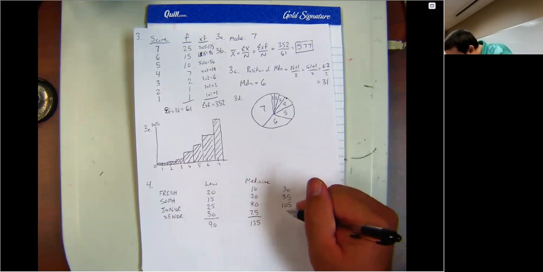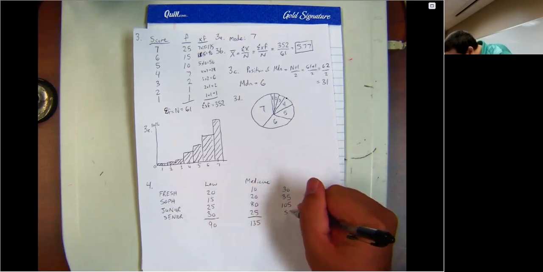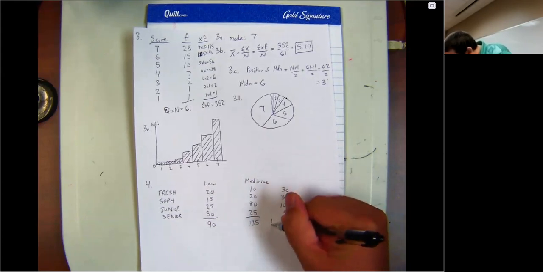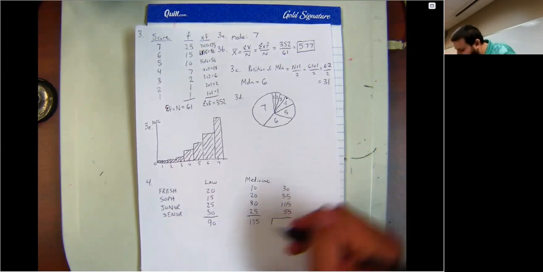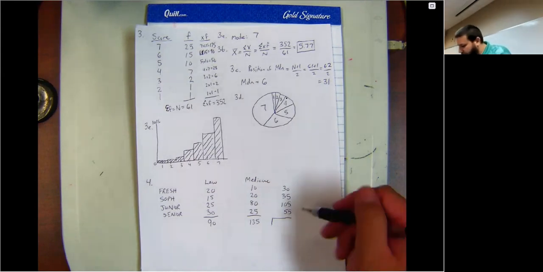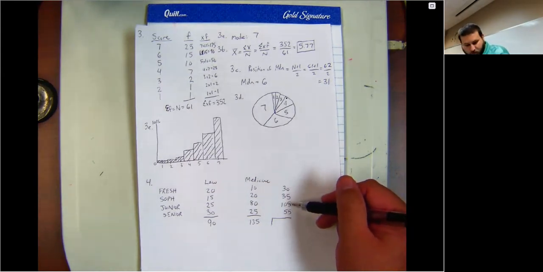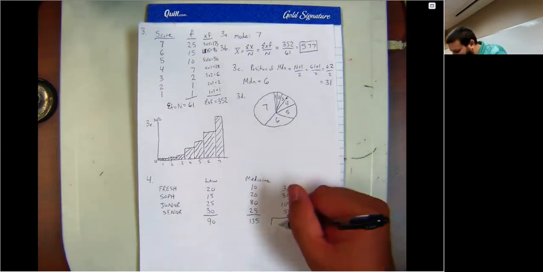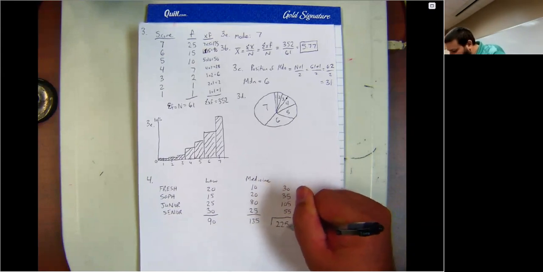And 30 plus 25 is 55 seniors. We get our grand total. We can add 90 and 135, and we get 225. Or we can add 30, 35, 105, and 55. We still get 225 total people.